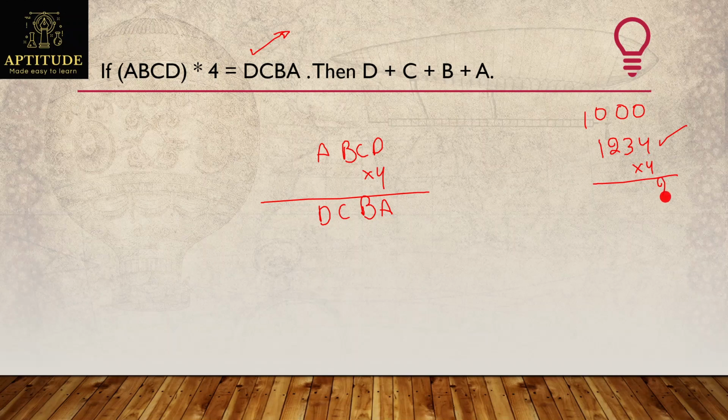That's the question. For example, if I consider a value in the 3000s, will I get a 4-digit number? No. 3000 times 4 will become 12,000, which means my value should be less than 3000. So A cannot be 3 and cannot be more than 3 also.